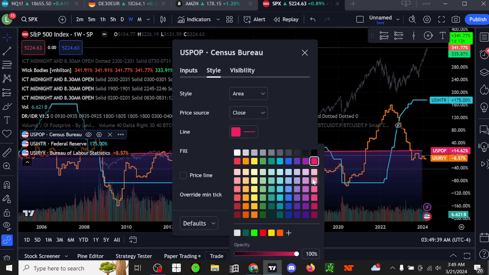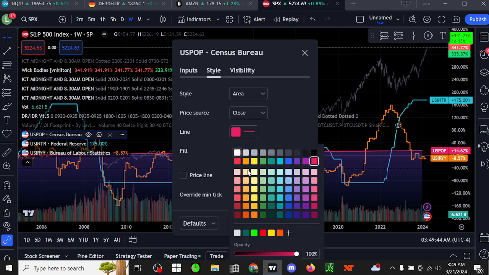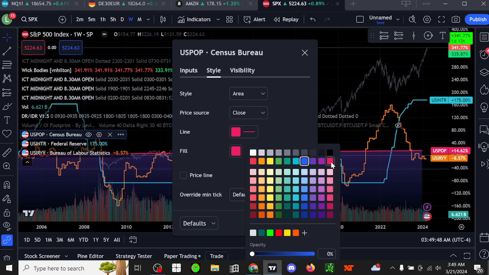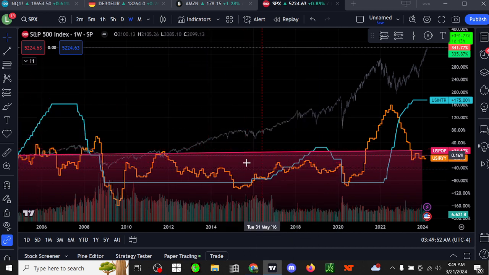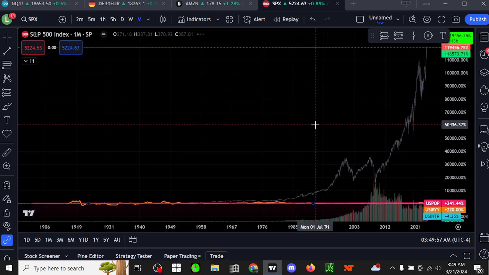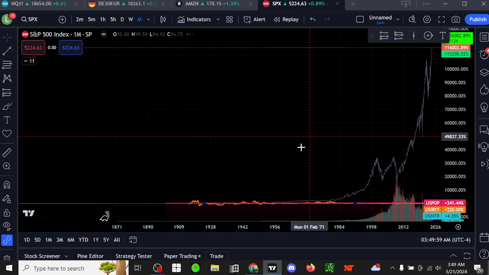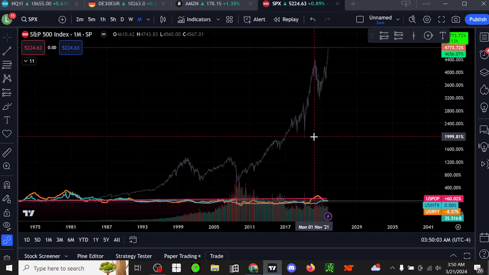Why is it gradient? It's so annoying. Oh, I'm gonna have to make this also, oh, that's why, there we go. Okay, so this is the US population. So that trend isn't gonna be that obvious unless you look at it on a larger time frame, right? And then it's relative to the S&P, so it kind of squishes it, so it's kind of hard to see it.